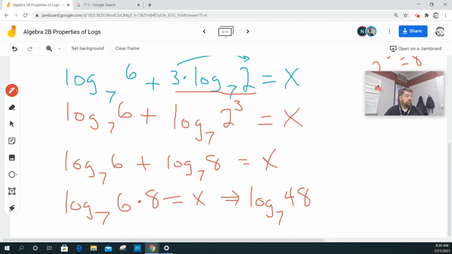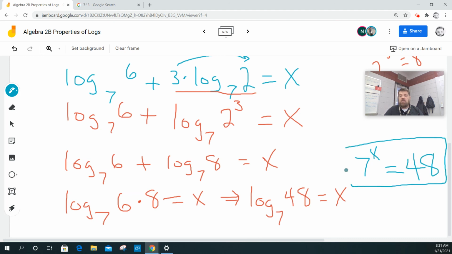Okay? And so what does that mean? Well, I could rewrite this, and this is what they're looking for. I could rewrite this as 7 to the x equals 48.